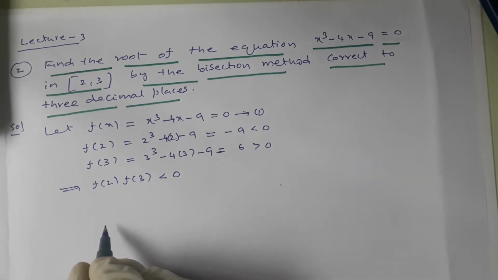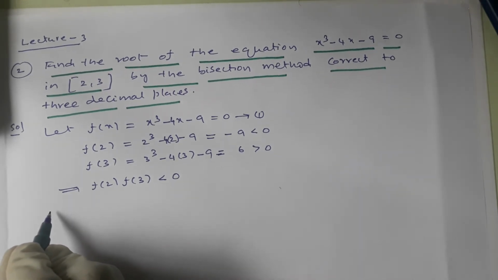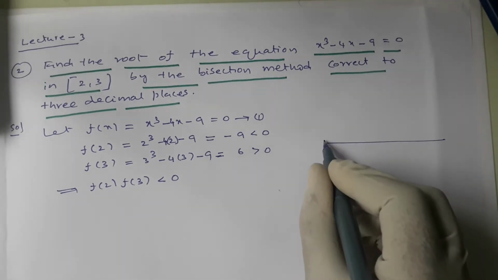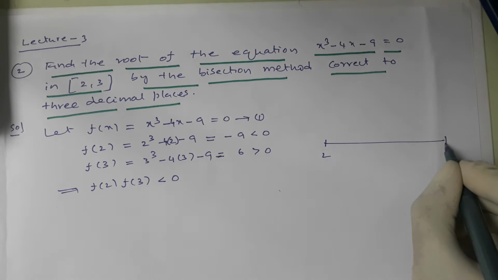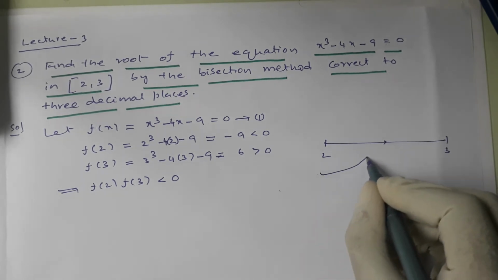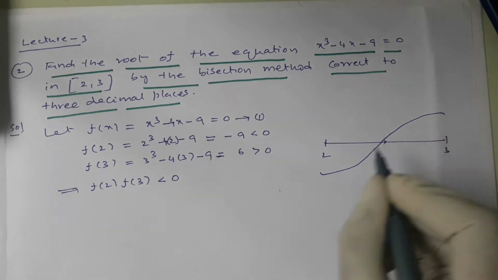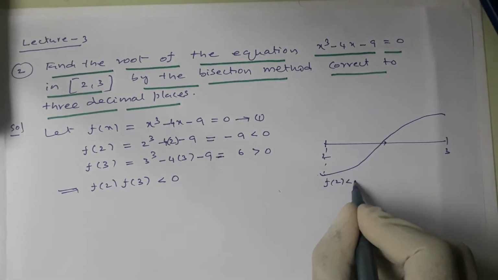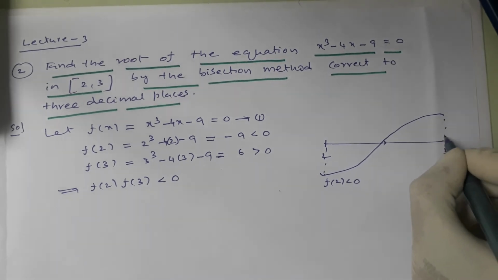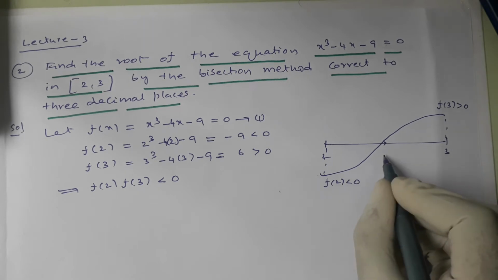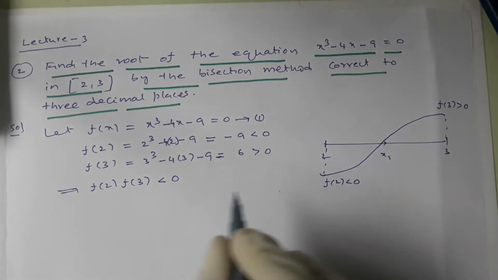So whenever it is less than 0, the root lies between 2 and 3. The function is like this, so that the f of 2 value is less than 0 and f of 3 is greater than 0, so the next approximation of the root is the average of 2 and 3.